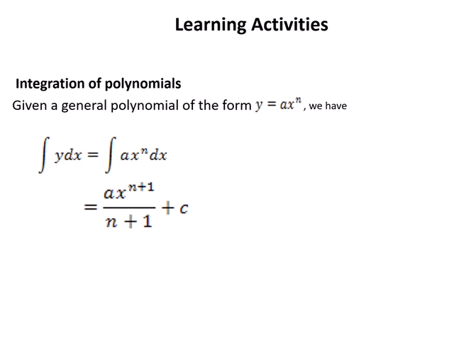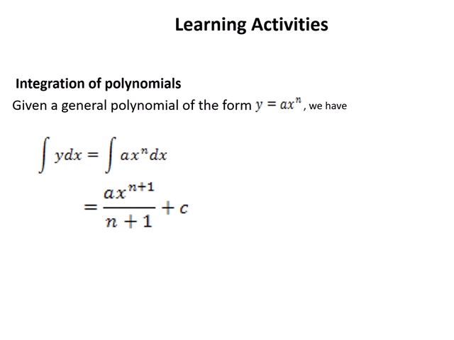Then take the integral of it, that is the integral of ax raised to the power of n dx. So how do we integrate this? You know the coefficient of x there is a. Then the x there is the base value and is raised to the power of n plus 1.